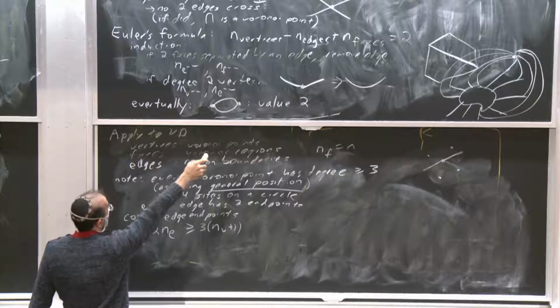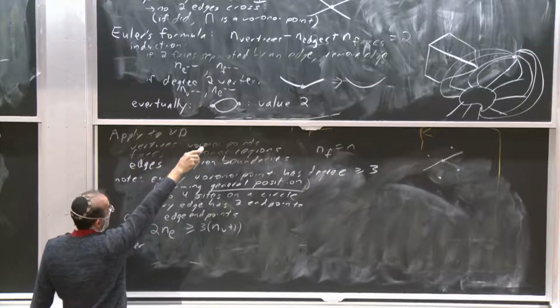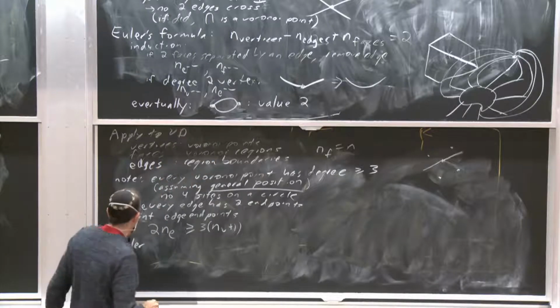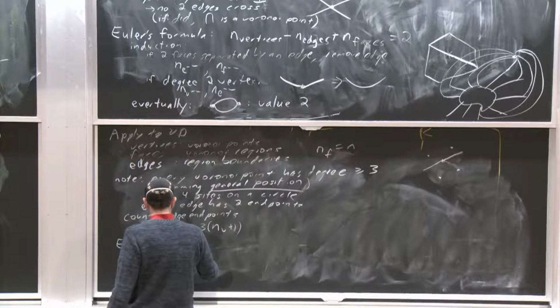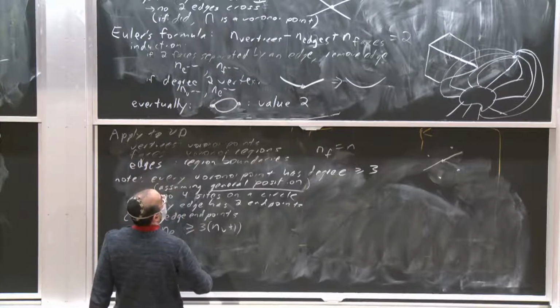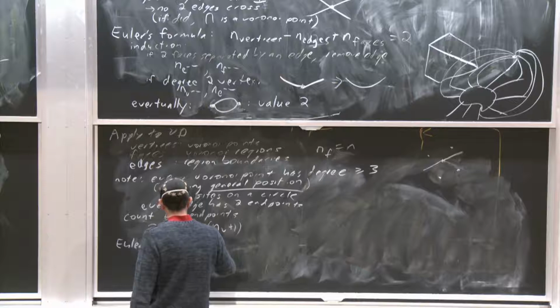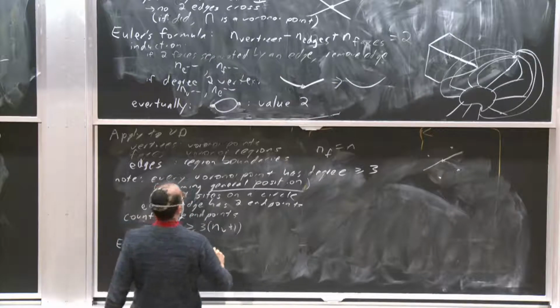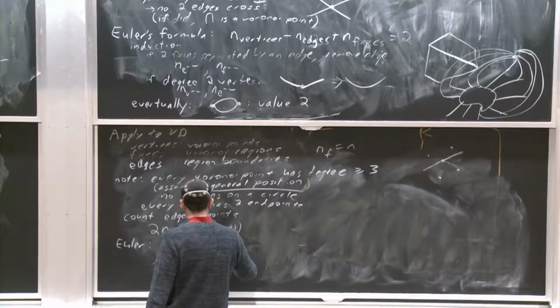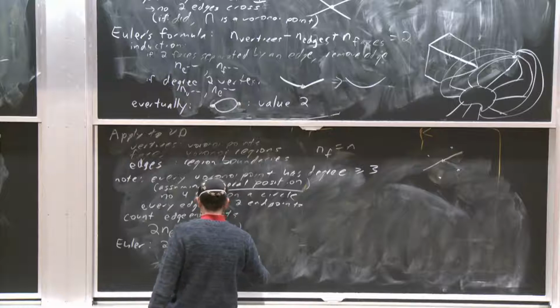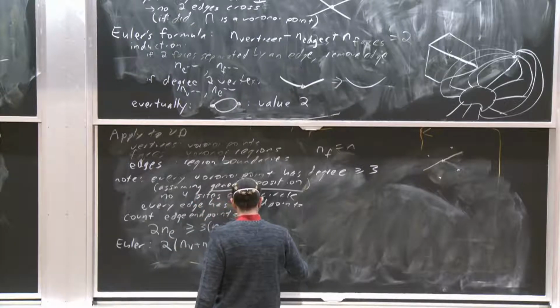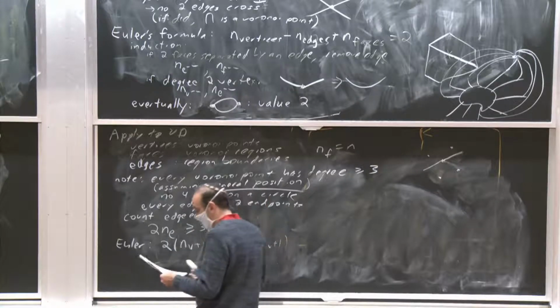So the number of edges is the number of vertices plus the number of faces minus 2. So that's what I'm going to write. N sub v plus n sub f minus 2 is at least 3 times n sub v plus 1.